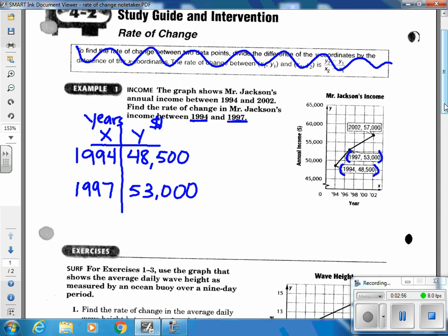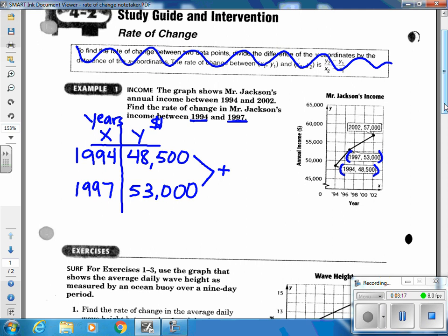When we're looking at this, we always want to ask ourselves, how are things changing? How much does it take to go from 48,500 to 53,000? Well, you're increasing, so that's a plus. Anytime you increase, you need a plus. Anytime you decrease, you need a minus. Now you have to figure out how much you are increasing by when you go from 48,500 to 53,000.